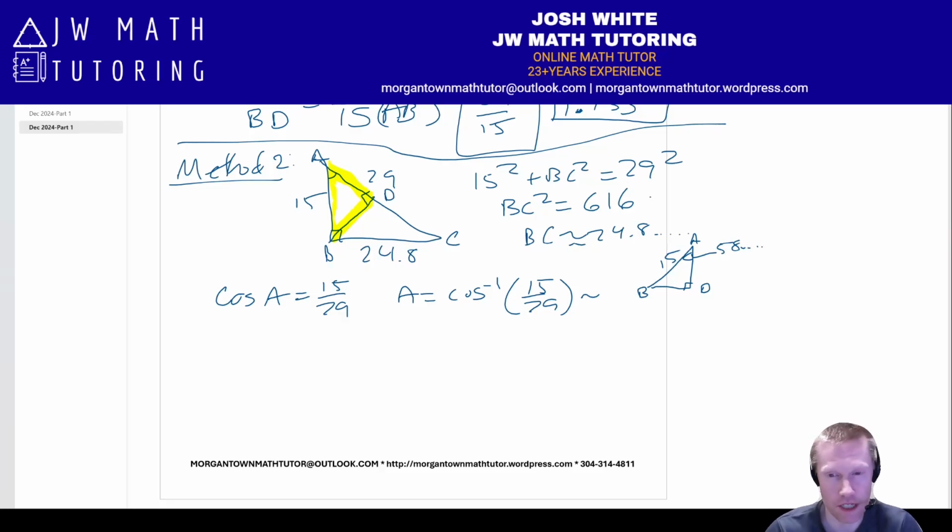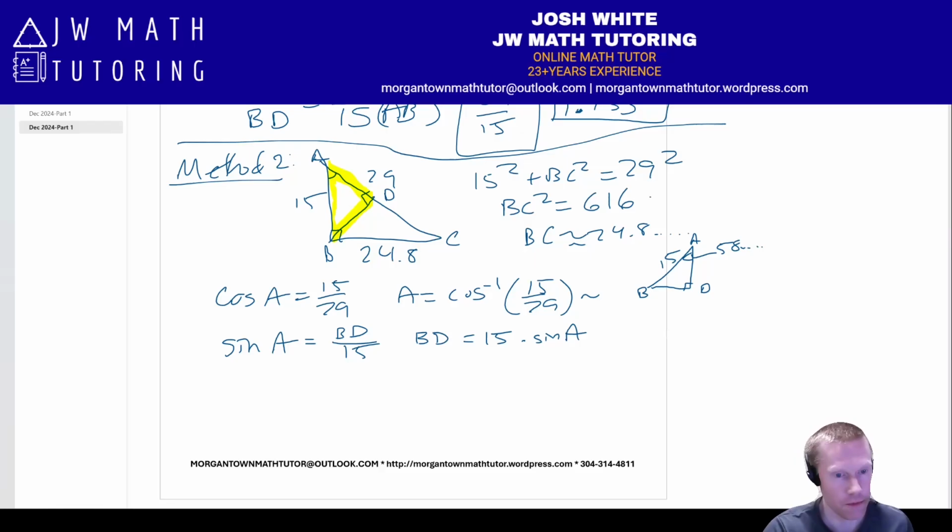So now if I want to find BD, I can think, okay, what trig ratio can I use? Well, BD is opposite, so I'm just going to use sine. So the sine of A is equal to the opposite, which is BD, over 15. Or in other words, BD is going to be equal to 15 times the sine of A.